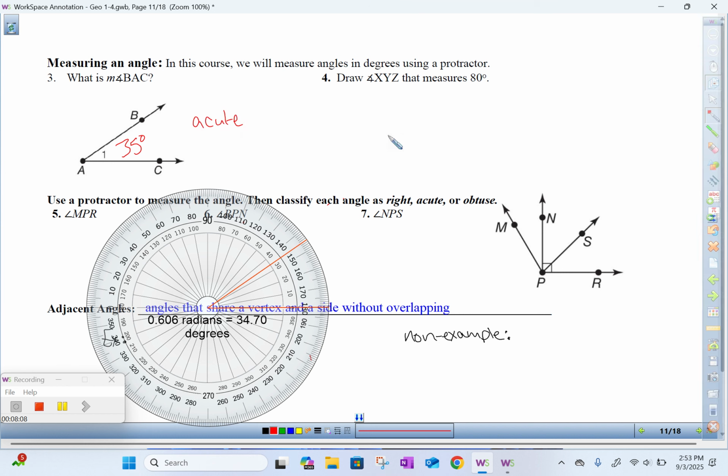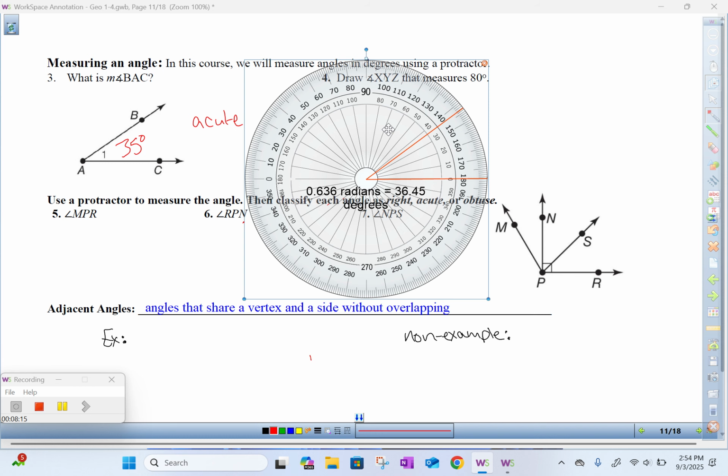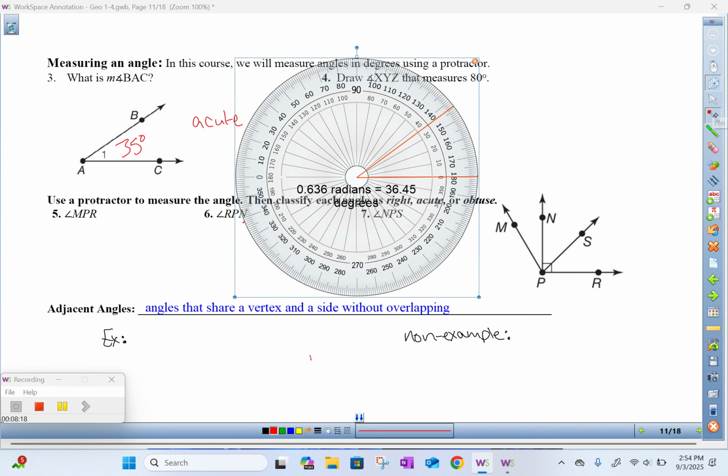And then now we're going to actually draw and measure an angle that's 80 degrees. So we're lining up the protractor again. And then we're using to mark 0, remember 1 point is 0, 1 point in the middle, and then this one we're going all the way over to 80 to mark the 3rd point.